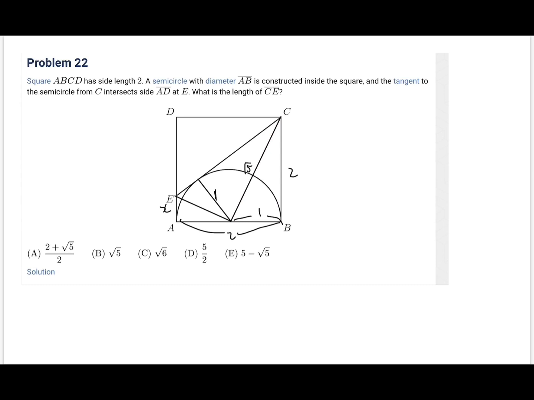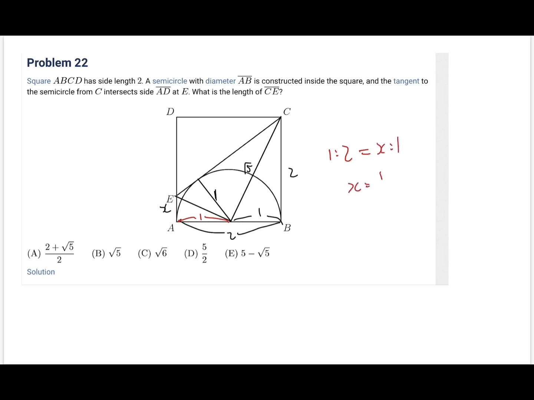So this triangle is similar to this triangle, and it's also similar to this triangle, right? And so we can find out the value of x pretty quickly, since this would be 1, right? So 1 to 2, which is this to this, equals x to 1.